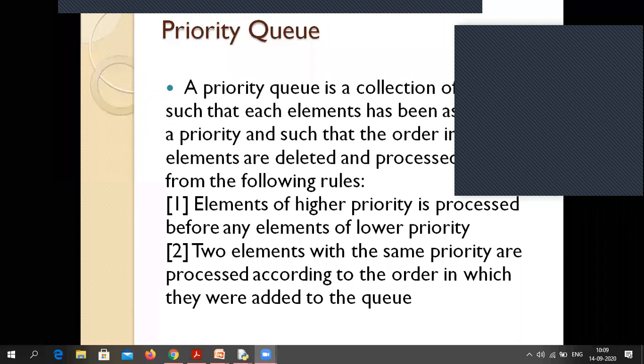Yes, ma'am. Can you tell me what do you mean by priority? You're not audible. Yes, beta, tell me what do you mean? We are listening. Just tell me the answer.